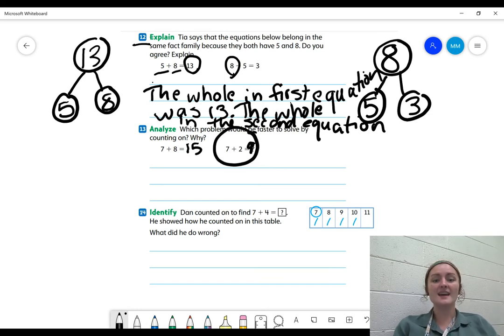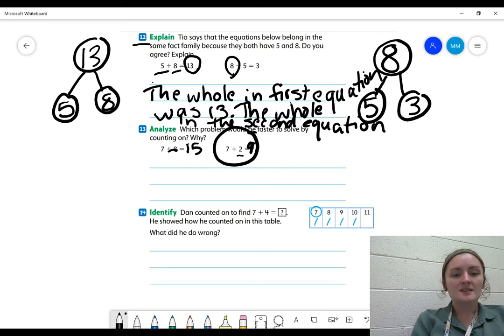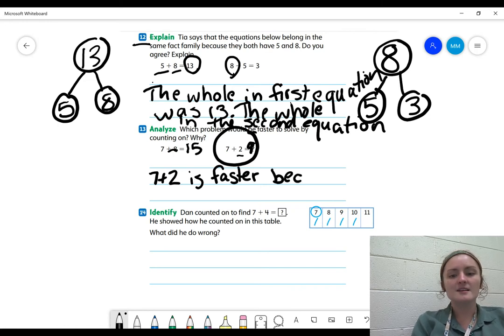Because my second part, 7 plus 2, was 2, bigger or smaller than 8? 2 is smaller. So I would say 7 plus 2 is faster because 2 is smaller than 8. Kiss your brains.